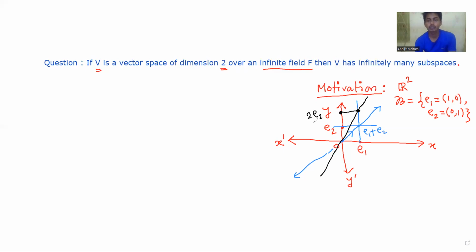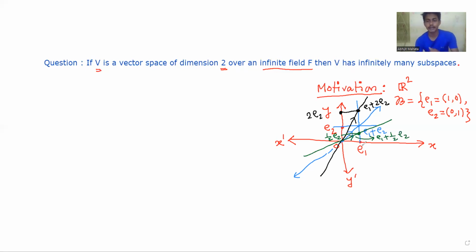So this vector will be E1 plus 2 of E2. Now we take one more line for understanding. If this is half of E2, then this vector is E1 plus half of E2.